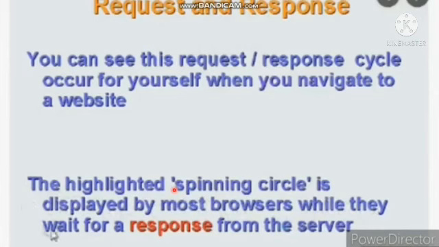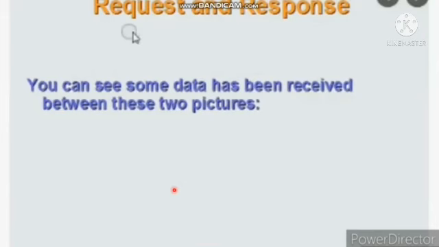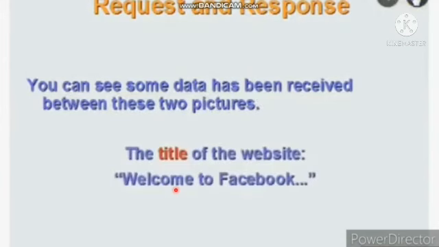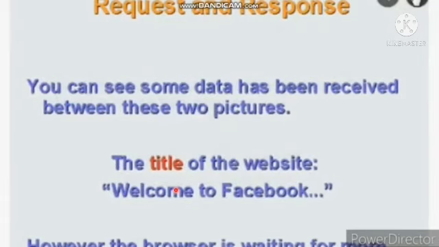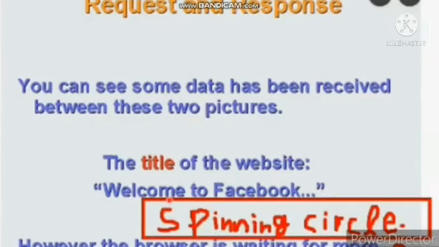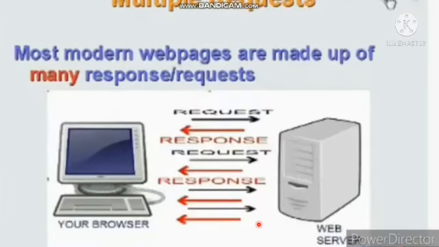You can see it when you search on your browser. You can see some data has been received between these two pictures. The title of the website, for example, like welcome to Facebook. However, the browser is still waiting for more. As it's waiting for more, the spinning circle is coming.